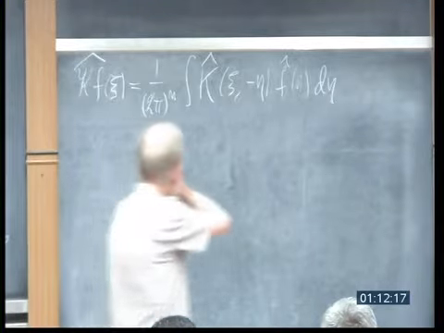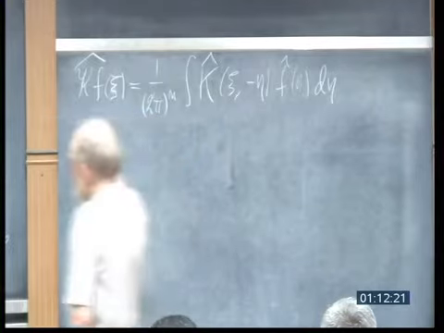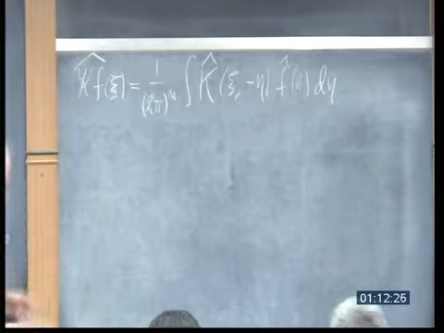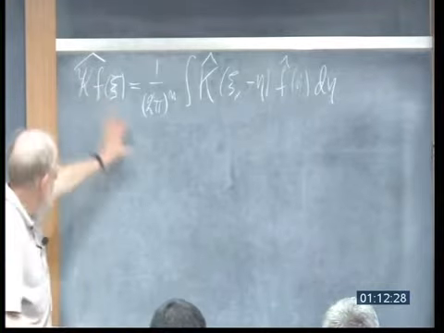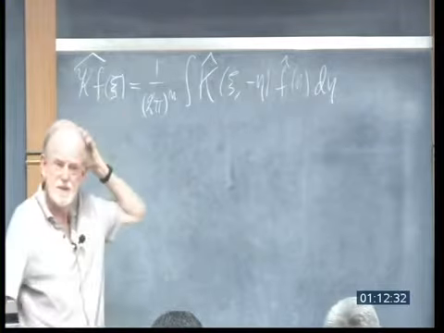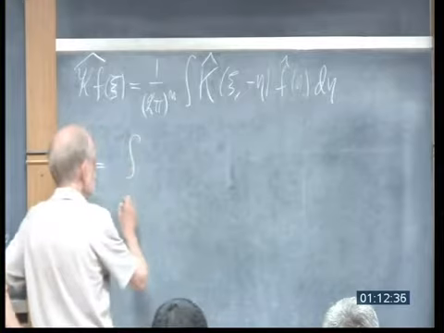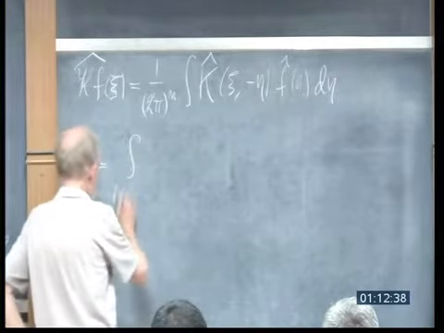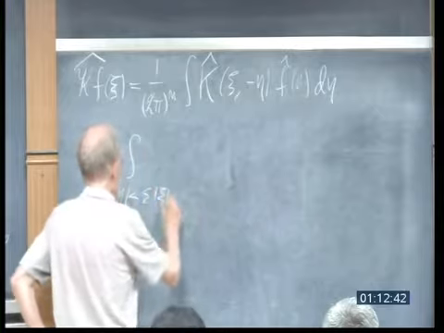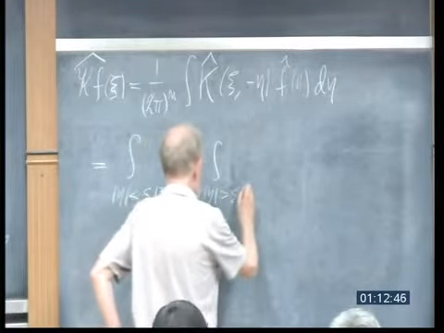So I need to show that this always, after cutoff and so, tends to 0 as c tends to infinity. And I do the usual splitting: eta less than epsilon c plus eta greater than epsilon c.